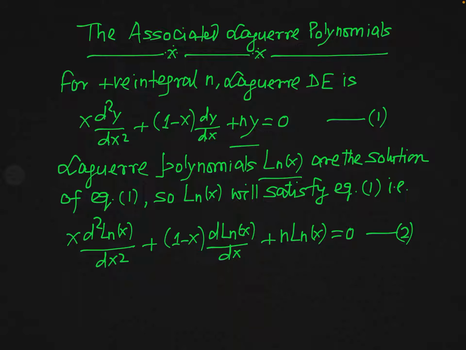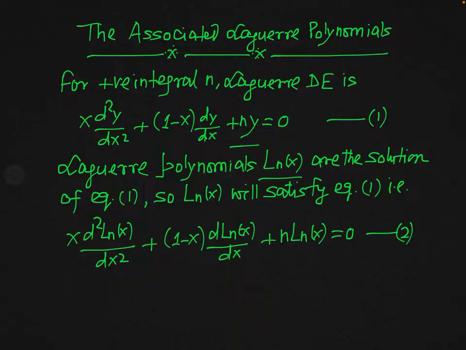So you can write this equation 1 in this way. This is x d2 ln of x dx square plus 1 minus x d ln of x dx plus n ln of x equal to 0. So this is the Laguerre differential equation.